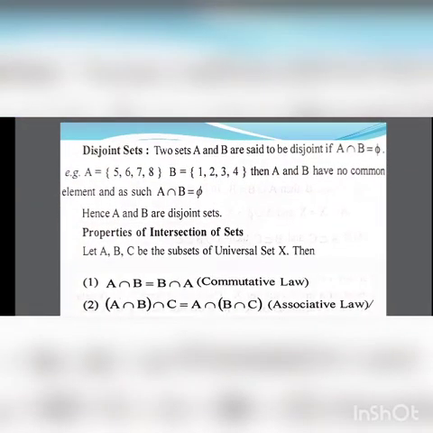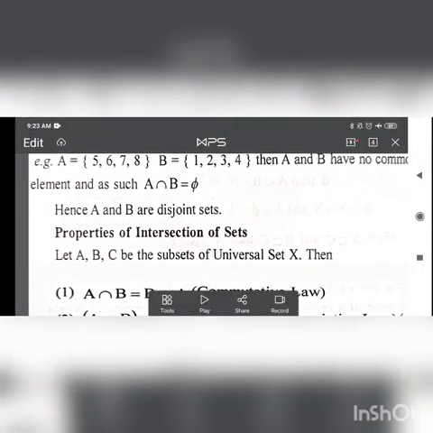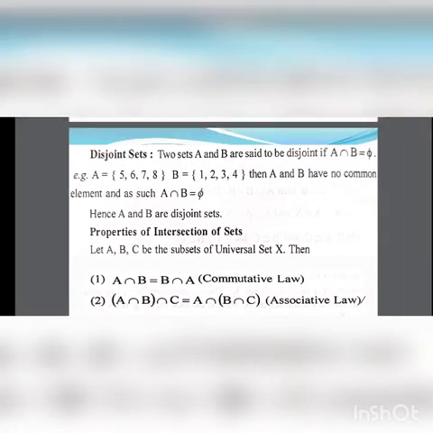So next is disjoint sets. Two sets A and B are said to be disjoint if A intersection B equals phi. Disjoint means separate, which means there are no common elements between them. See the example: the set A equals 5, 6, 7, 8 and the set B equals 1, 2, 3, 4.